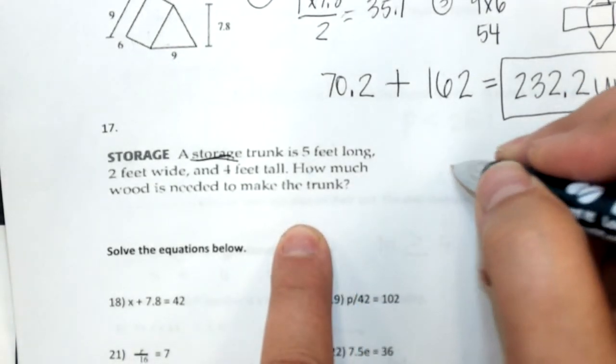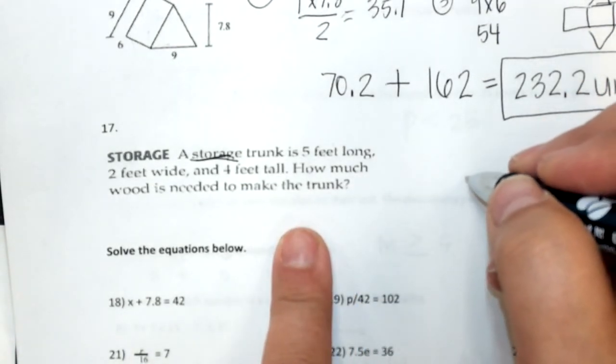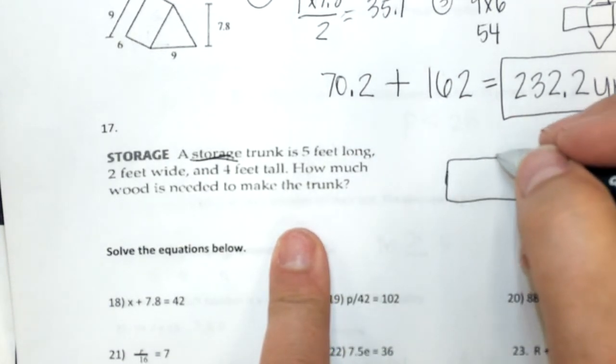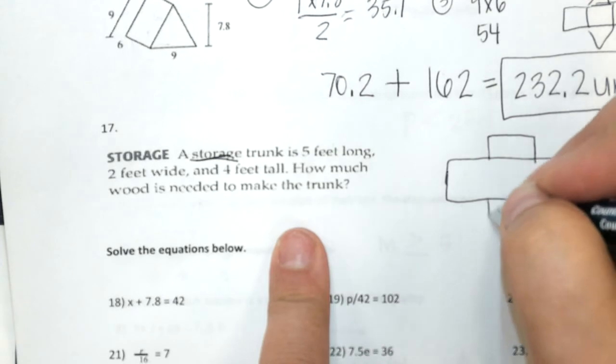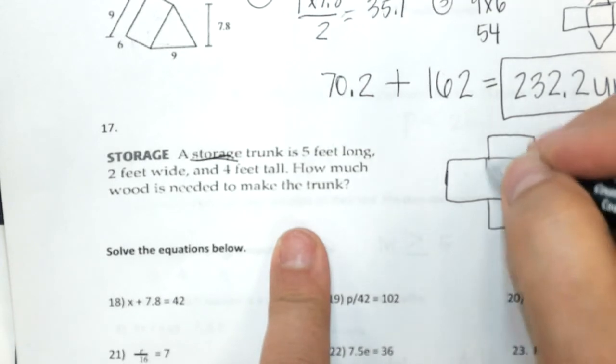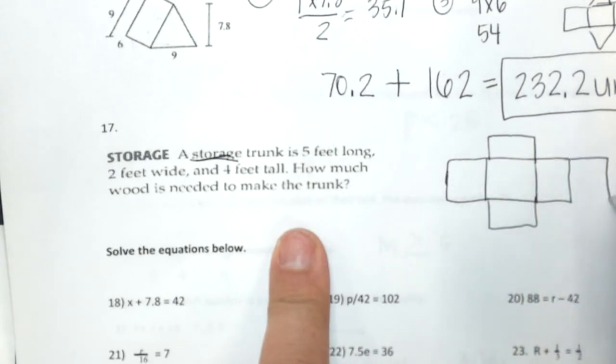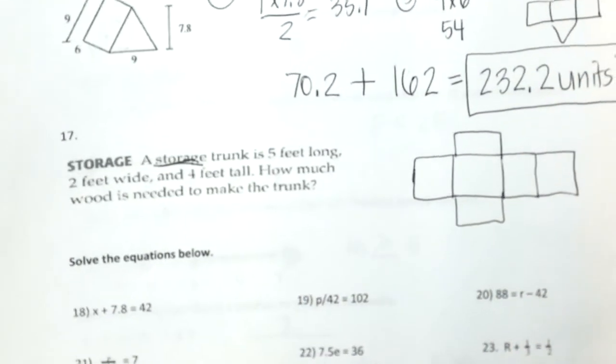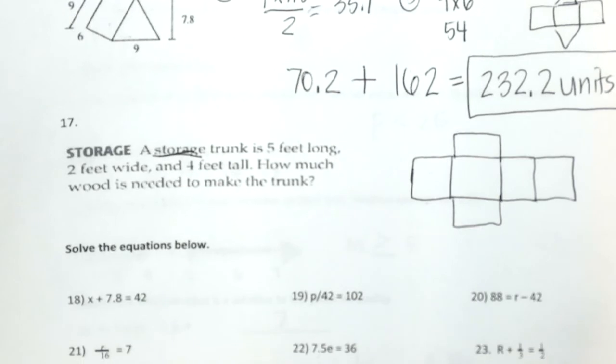If we have a trunk, we'll go ahead and do a net on this one, okay? I gotta add some more here. 1, 2, 3, 4, 5, 6. There we go. We have 6 sides on a rectangular prism.